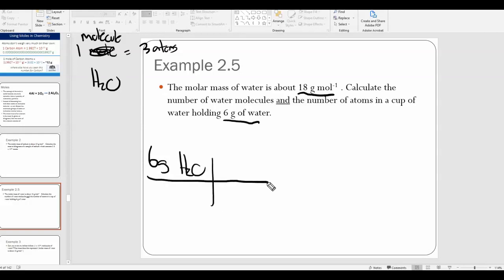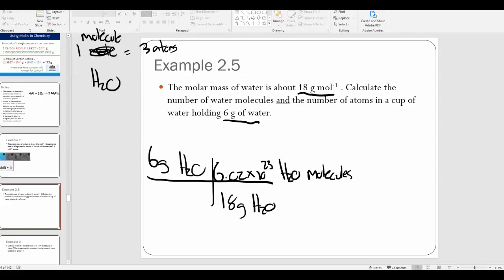First of all, I know that in 18 grams of H2O, there are 6.02 times 10 to the 23 H2O molecules. How do I know that? Because that's the molar mass. That's like the definition of what that is.